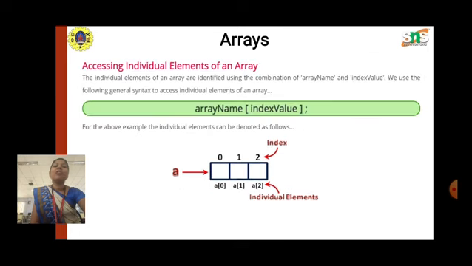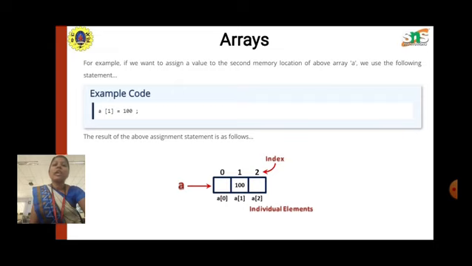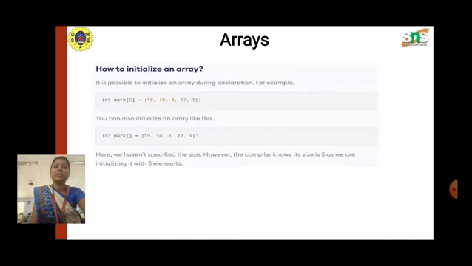Here we need to fill the array values in the empty boxes for each and every element. Here are the individual elements and here is the index. We can give the value for the array element A of 1, and the value is given as 100.